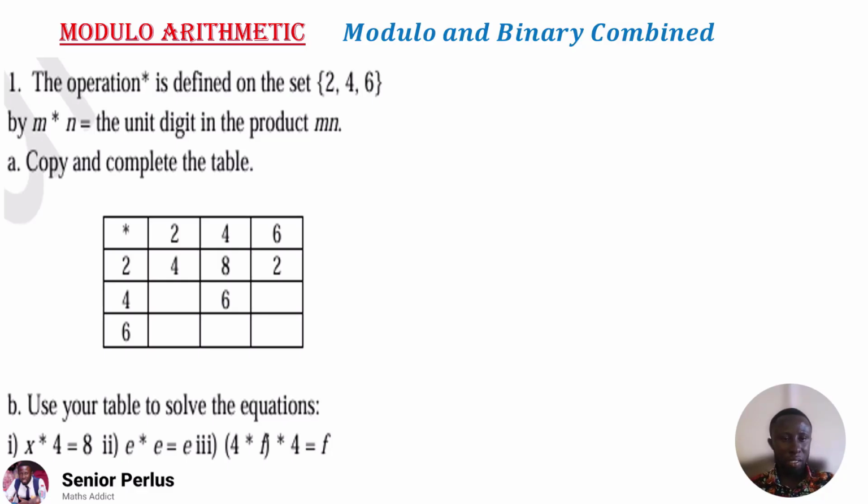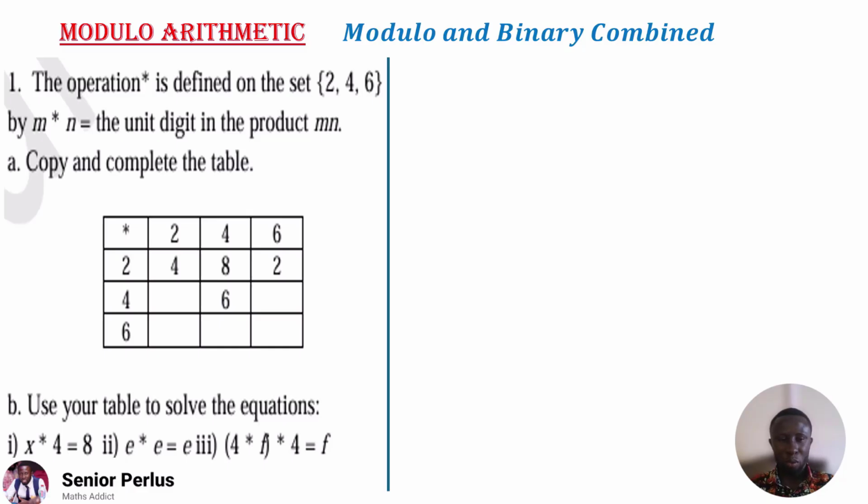The operation star is defined on the set 2, 4, 6. So this operation, m star n is the unit digit in the product mn. Copy and complete the table. Use your table to solve I and II. So you are going to solve this.